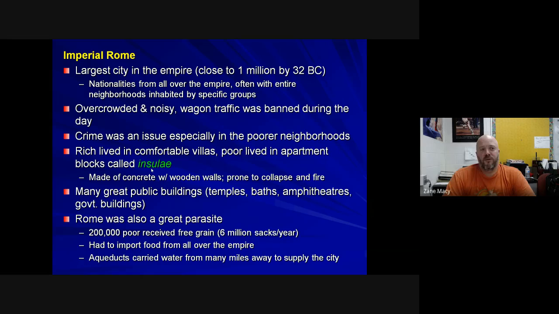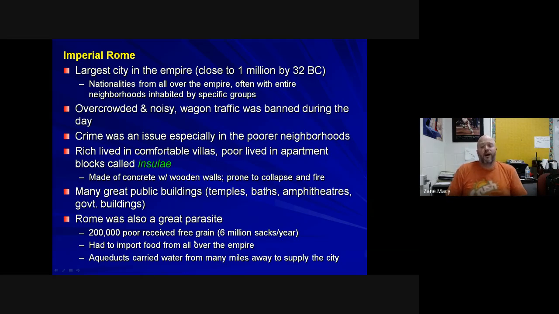It's not like you would have these things that were like swimming pools, and they would even be heated from under levels within the building structure. Amphitheaters where people could be entertained, whether it was through plays, gladiator matches, or chariot races, and then of course government buildings were open to the population as well.